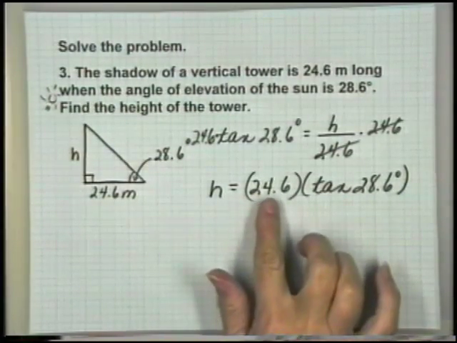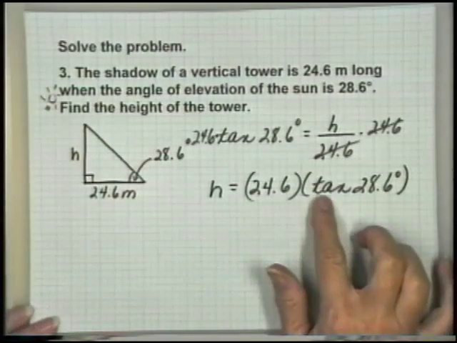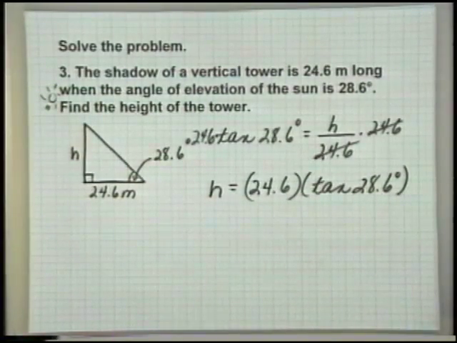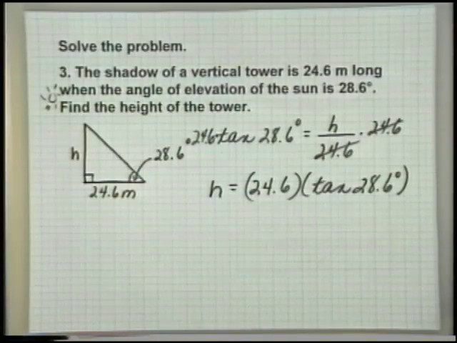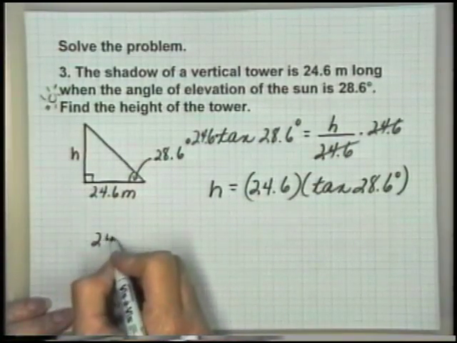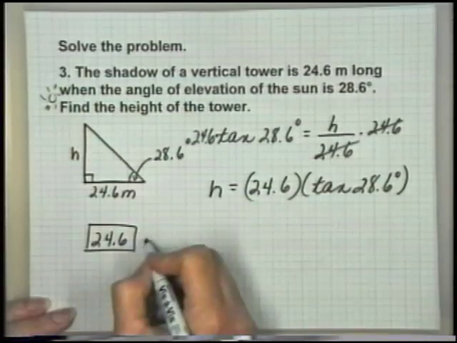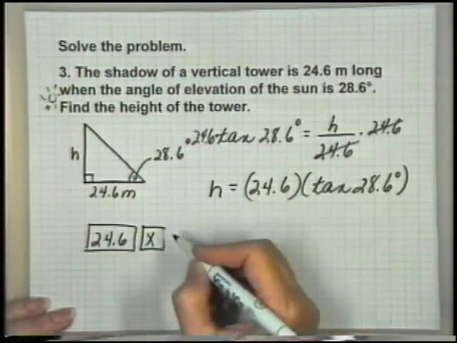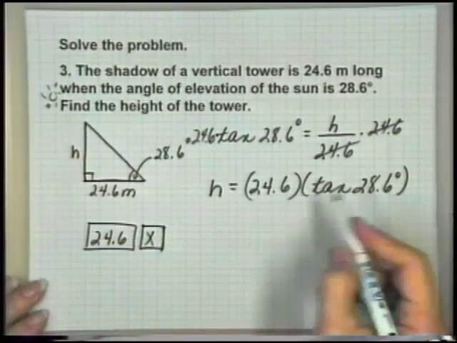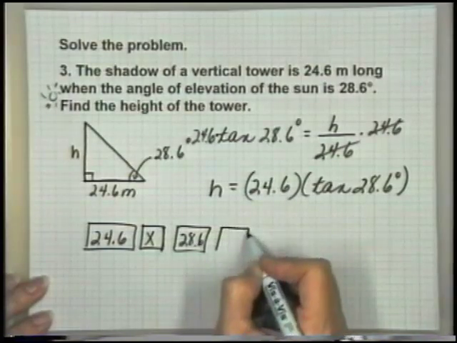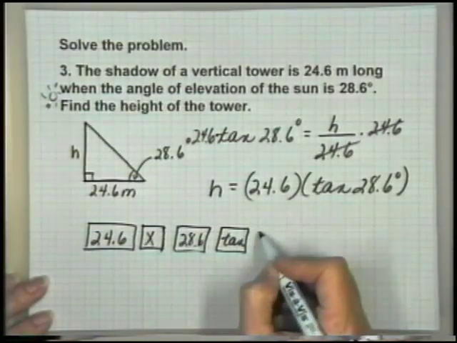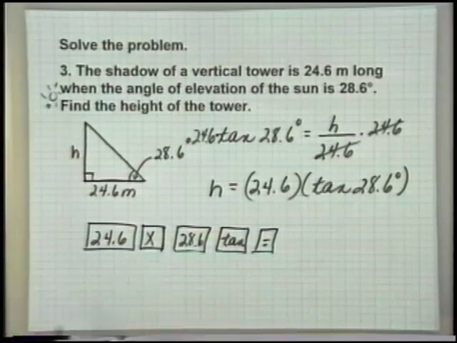And so what we need to do is just multiply the 24.6 times the tangent of 28.6 degrees. On my scientific calculator, I'll say 24.6 times, and on my scientific I have to enter my angle first, 28.6, push the tangent, and then push the equals, and that'll do the multiplication for us.